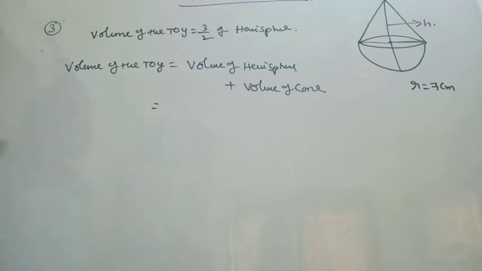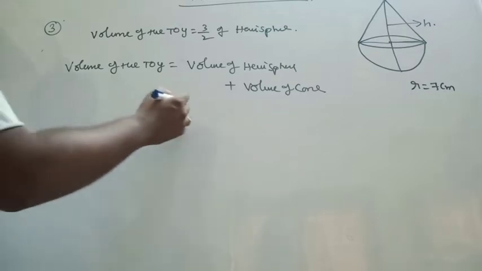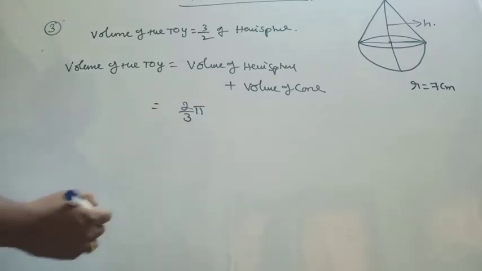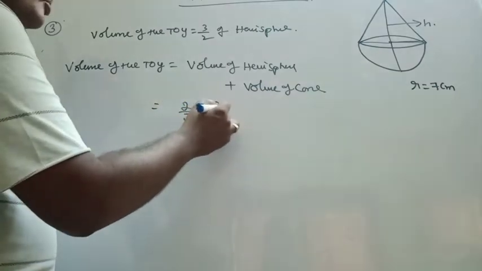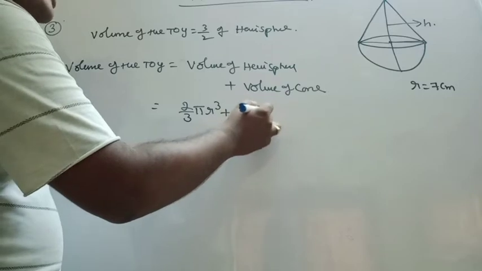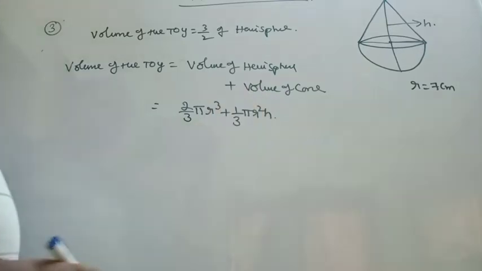Volume of the hemisphere is 2/3 pi r cube, plus volume of the cone, that is 1/3 pi r square h.